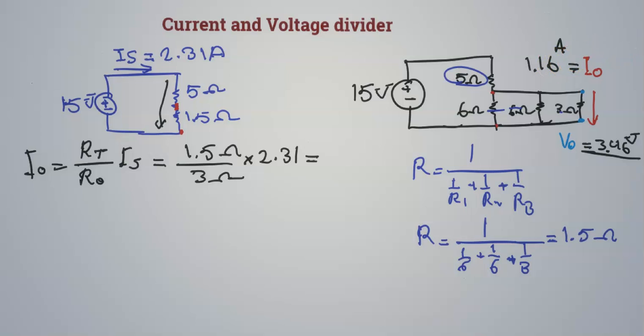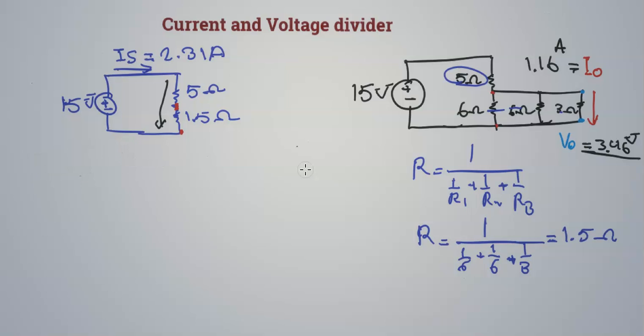Let me clear here. The total current of each branch must add up to 2.31. So let me find the current through these three and make sure we got the right answer.